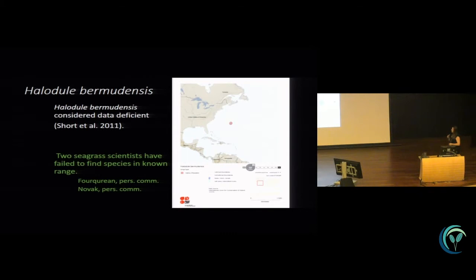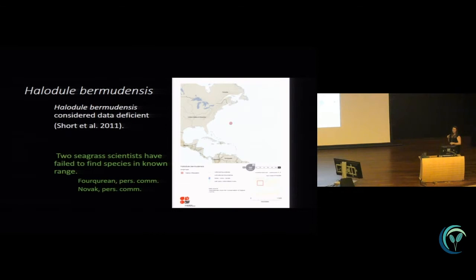If you go to Bermuda, you look for the form that corresponds to Bermudensis, which has always been rare, but essentially at the time it was described, it was the only thing found in Bermuda. The thing that they find in Bermuda now is definitely Wrightii-like. So does that mean it vanished, or does that mean the current prevailing conditions are enough different that it's growing different? We really don't know.